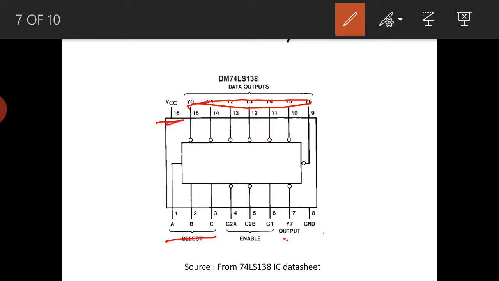Here it is VCC and here it is ground. The number is changed here, that's 74LS138. The 2 to 4 decoder was 139, so this is 138.